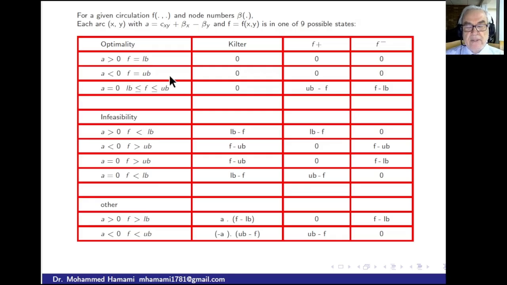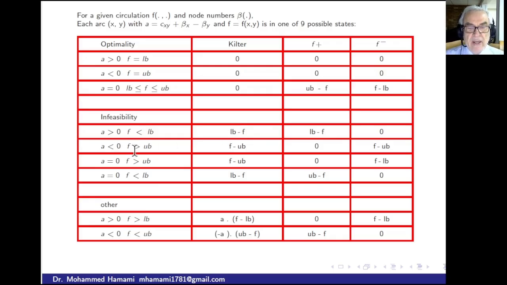And in that case, we're going to define the Kilter number. For these three states, we're going to say the Kilter number is 0 by definition. Then come these four states, which are infeasibility. So a bigger than 0, f is less than LB, so it's outside the interval. And here we define the Kilter number to be LB minus f. So this is the amount of infeasibility we have on that particular arc.